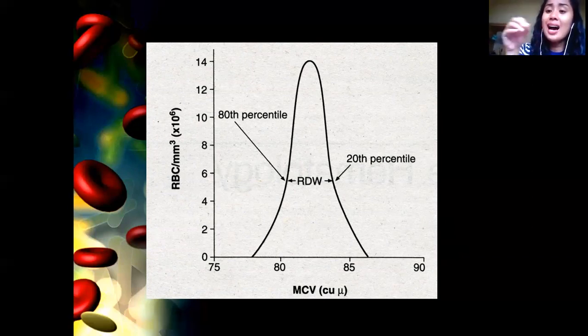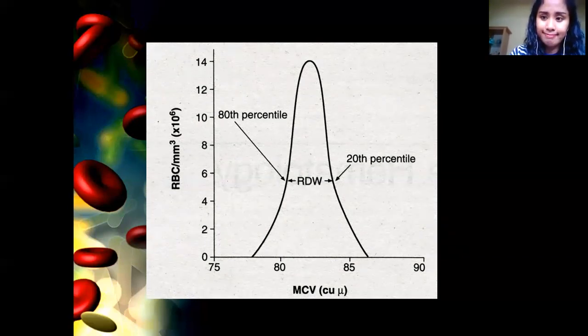Ibig sabihin, class, halo-halo yung sizes ng red blood cells mo, ha? So, the higher the RDW, the worse the anisocytosis. Iba-iba talaga yung sizes ng red blood cells, no? Ganyan. So, pag mababa siya, there's no dimorphism.